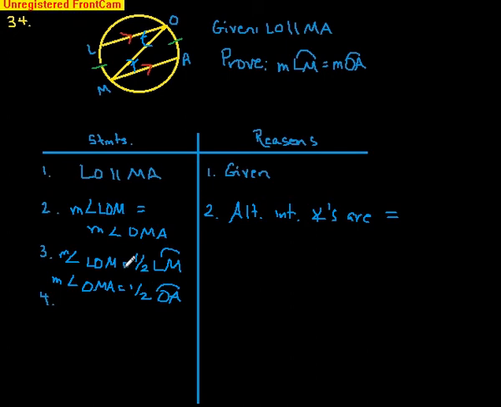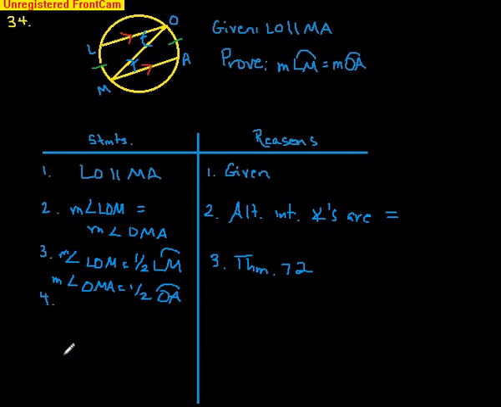Okay, well, the reason we can say that is Theorem 72. It says an inscribed angle is equal in measure to half of its intersected arc. So I'm just going to put here Theorem 72. Remember, this is the angle is half of the intersected arc.